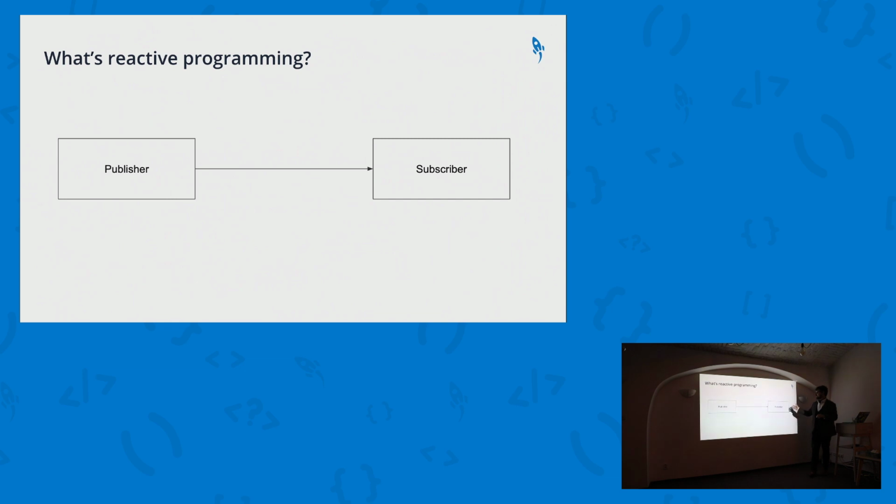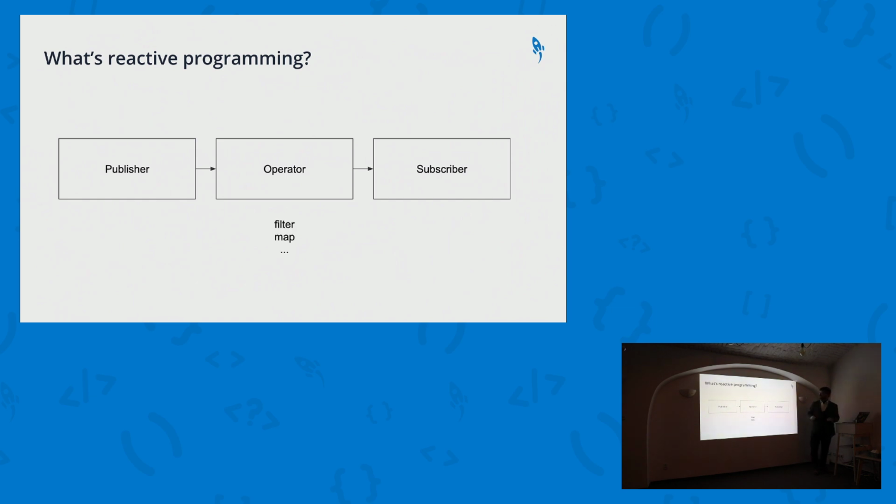And then we have a subscriber, which is connected to that publisher and is receiving those events. But we still can't really do anything with just two pieces connected together, and we need to work with what the events are and how the application works around those events. And that's why we have operators. So this is the basic structure of how it works.